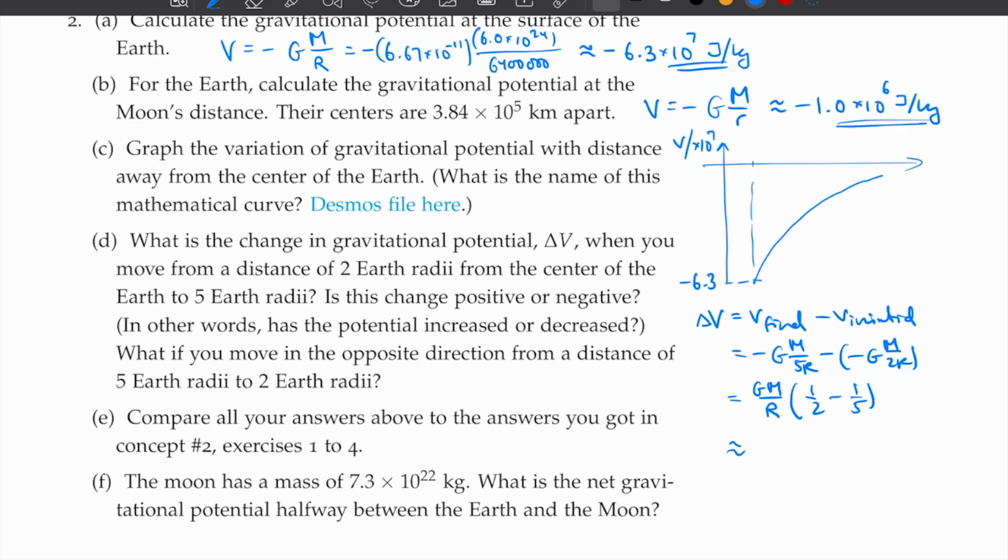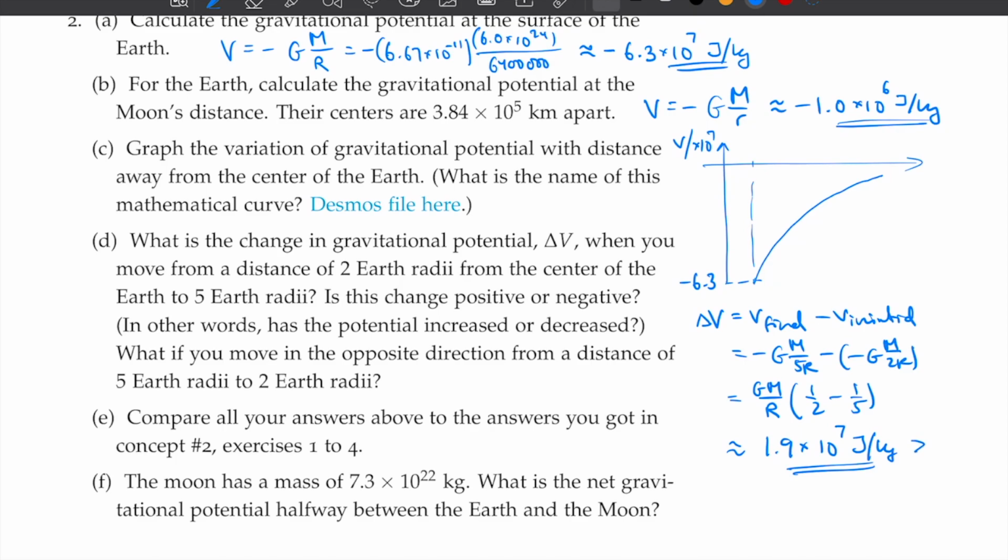Yes, I get a positive quantity. Good, it has to be positive. It's a positive change. We're moving away. So what's that? 1.9 times 10 to the 7. You look at your calculators too, people. Joules per kilogram. Okay, increase in gravitational potential when it goes from 2 to 5 Earth radii.